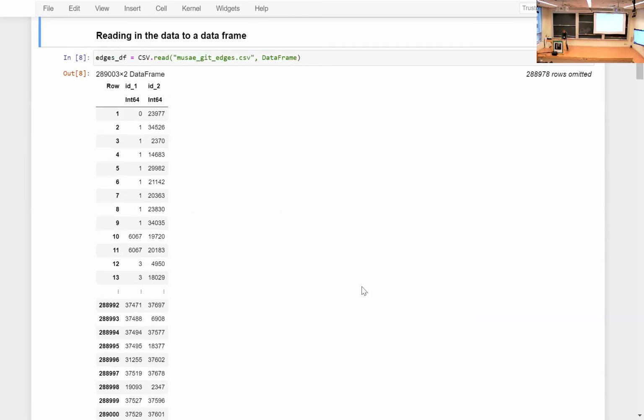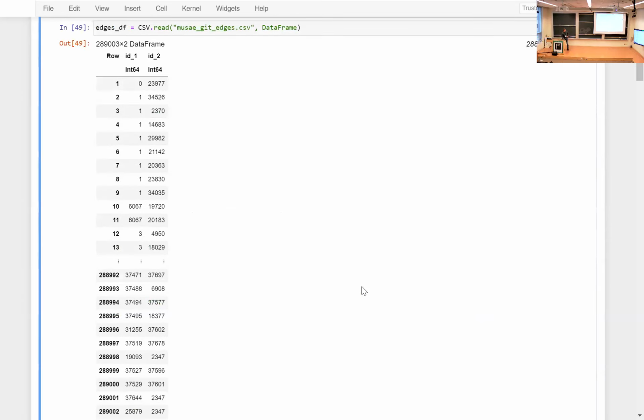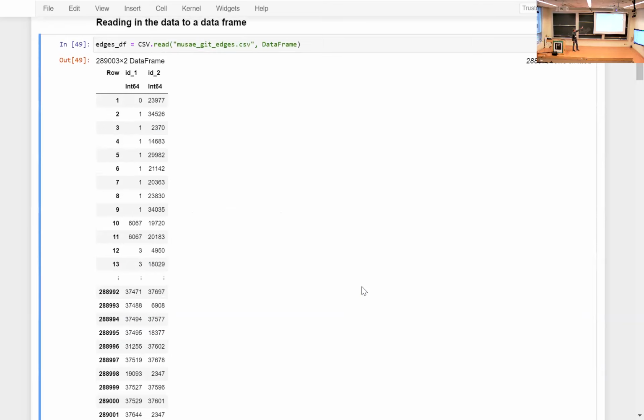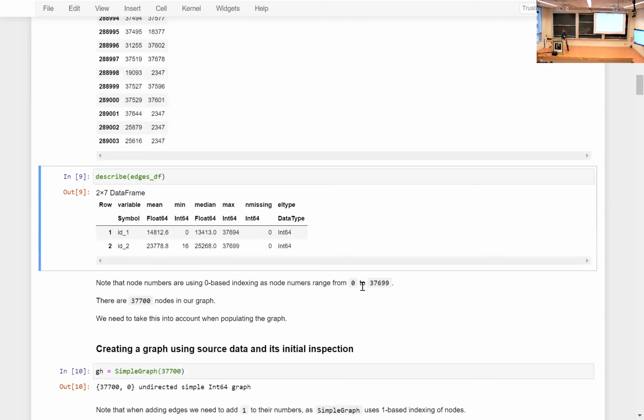So first thing we do, we read in the edges of this graph. Here we have ID1, ID2, which is information about edges of this graph. And let me describe this data set. So what do I learn?